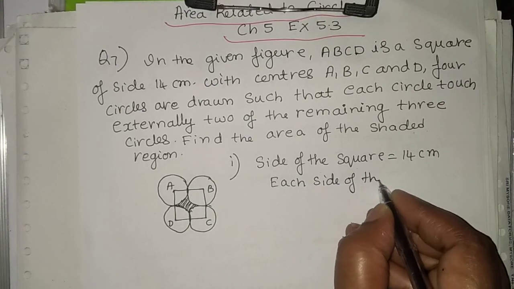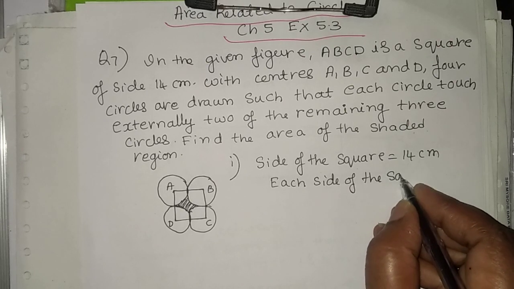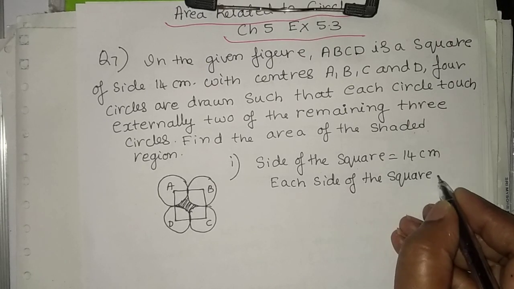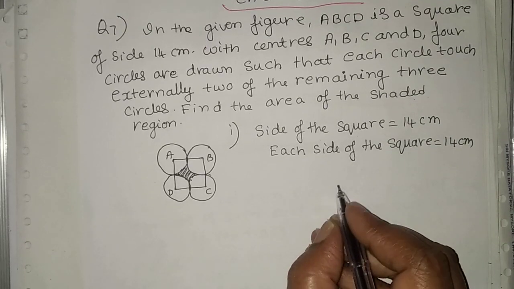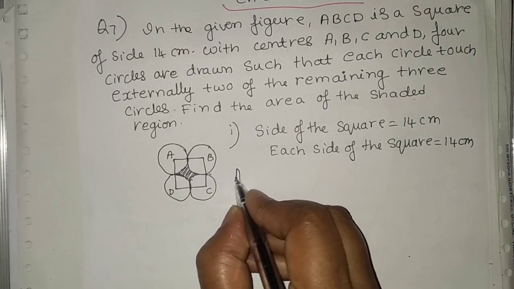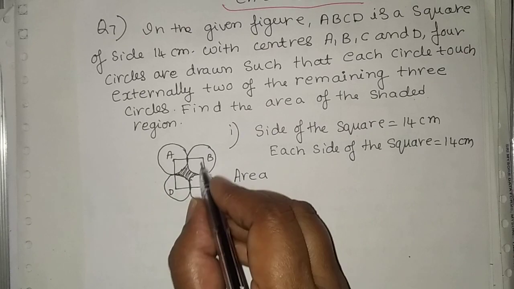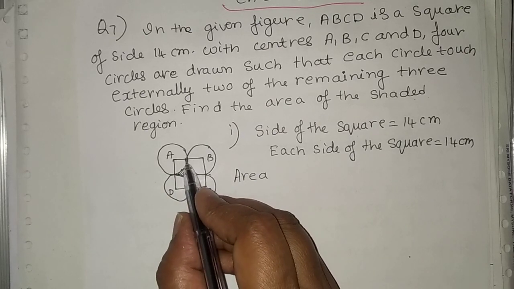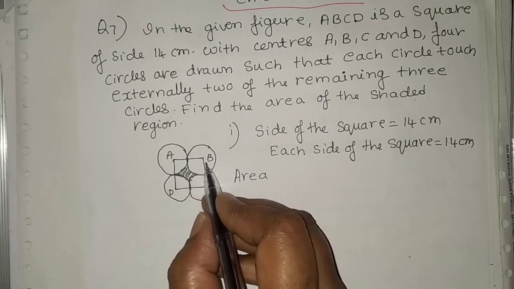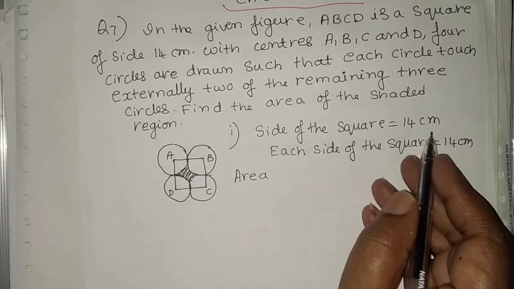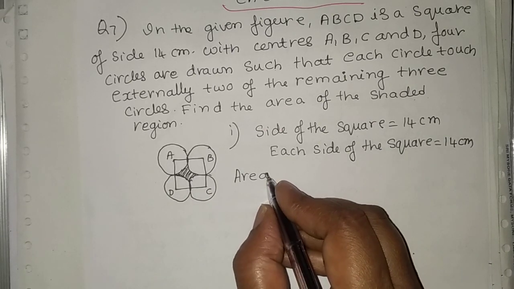Since it is a square, each side of the square is equal to 14 centimeters. Therefore, the area of the square: here this is the square and one side is given as 14 centimeters. All the sides are the same, that is 14 centimeters.